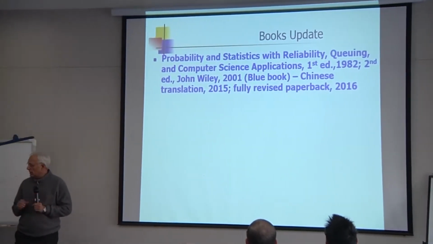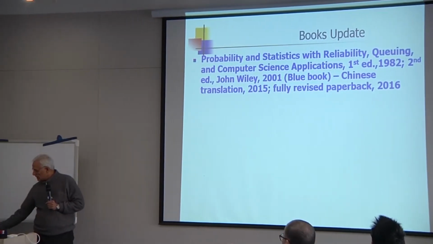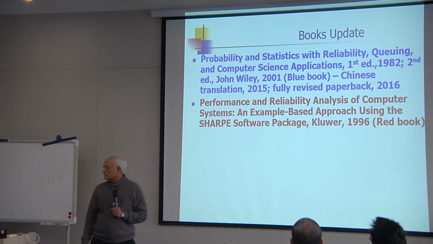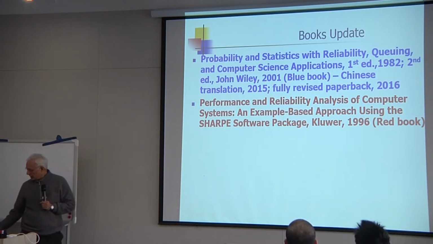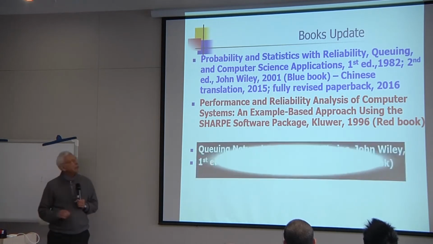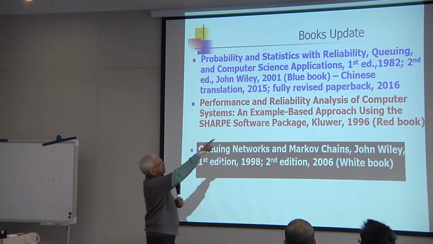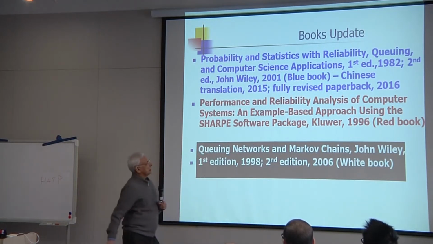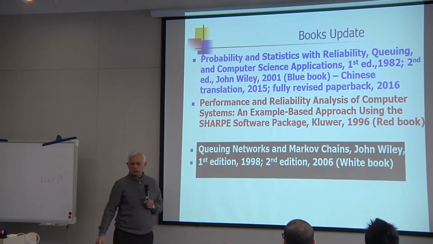And then I wrote a book that is more connected with one of the software packages called SHARPE, and it had a red cover. And the third book was a much more detailed book on queuing. Notice that in the first book, queuing is one of the topics, right? So queuing or performance analysis in a much more detailed way is dealt with in this book.